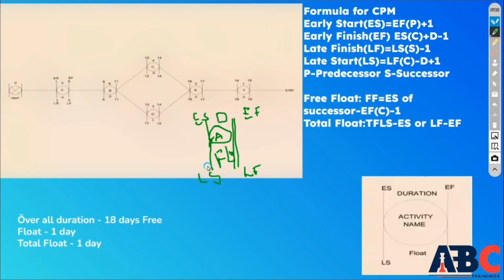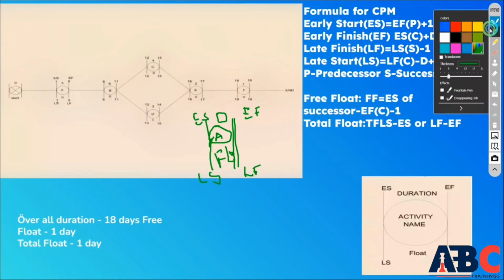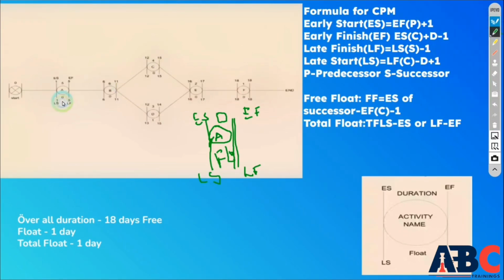Before that, we should know what early start is. Early start means starting the activity early, and early finish is similar. Late start and late finish mean you are starting late or finishing late. For that, there is a formula.